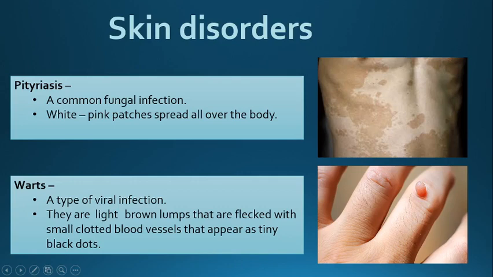Then the second disease is warts. It is a type of viral infection. Usually they are light brown lumps, or there can be many colors, black, white, or several colors. There are lumps flecked with small clotted blood vessels inside them.